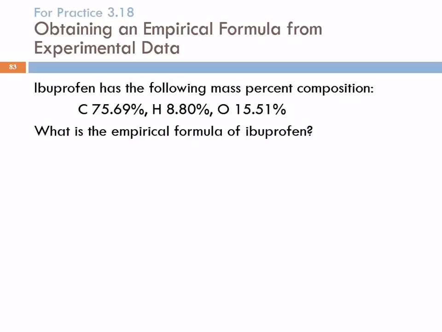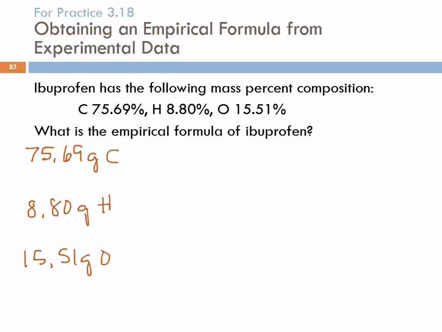The percentage is the same. So we're going to take these percentages and write them as masses. So there are 75.69 grams of carbon and 8.80 grams of hydrogen and 15.51 grams of oxygen. What do we do next?